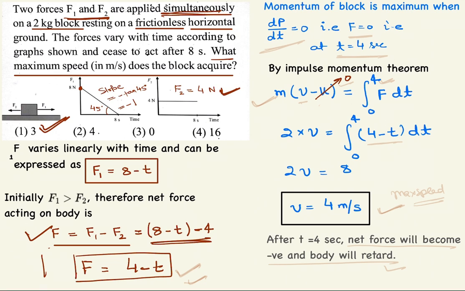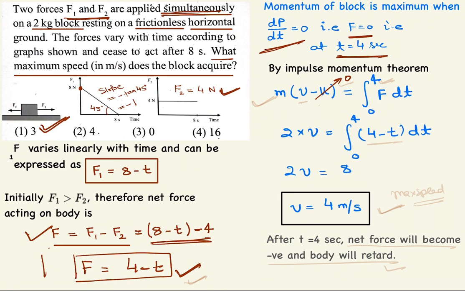Okay. So dP by dt will become 0, that is F becomes 0, and we can see that F becomes 0 at t equal to 4 seconds. So the speed will be maximum at t equal to 4 seconds.